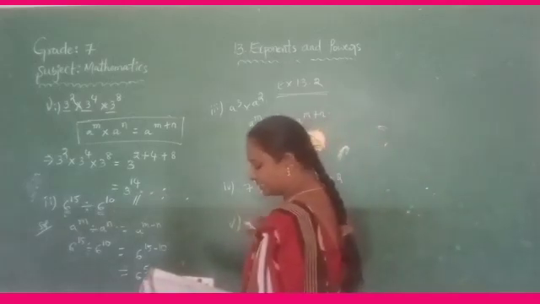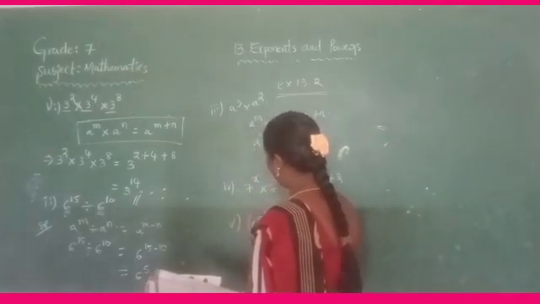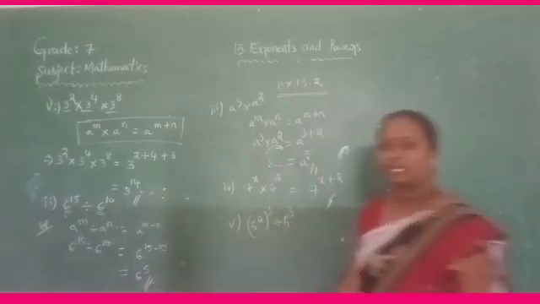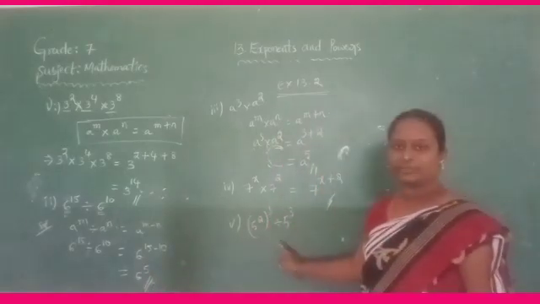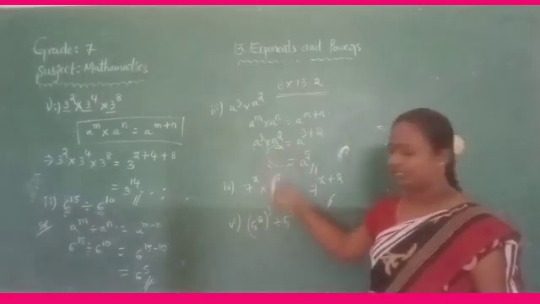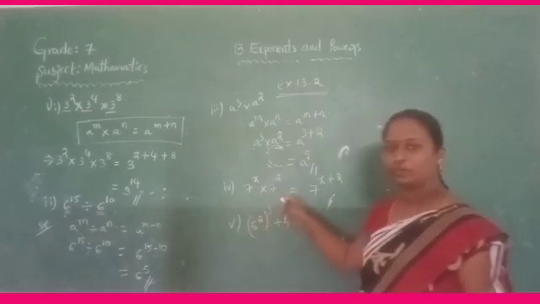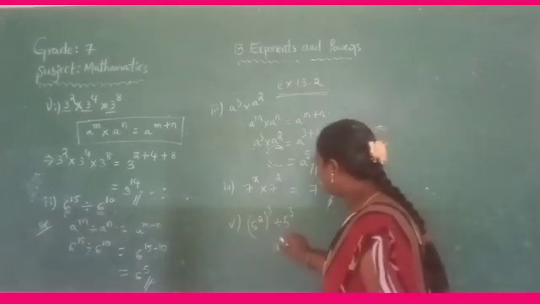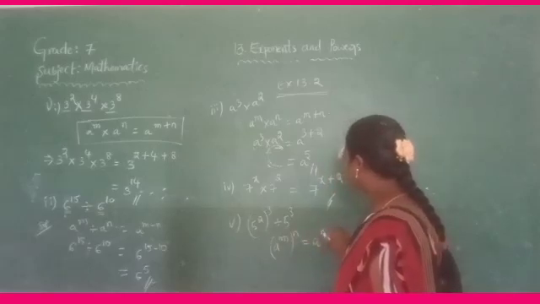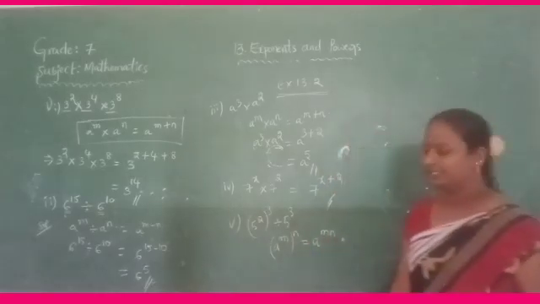Next, fifth one, see, 5 square whole cube divided by 5 cube. So here how many laws? 2 laws of exponents are here. That is 5 square whole cube, taking power of a power. We have a to the power of m whole to the power of n, that is a to the power of mn.